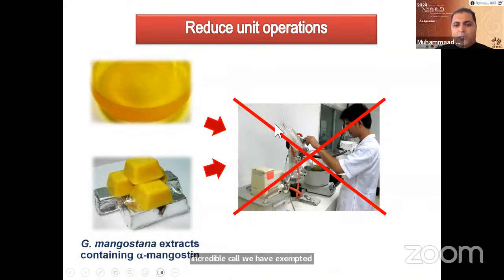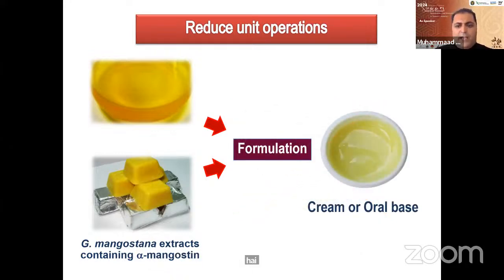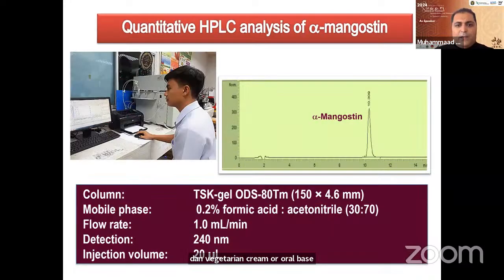This is actually the evaporation stage, which we normally do when we extract the plant material in organic solvents. So this has been skipped. This is the principle of green extraction. And we got a direct cream or oral base formulation that has alpha mangosteen, and that has been prepared from the byproduct of the mangosteen, that is the peel of the mangosteen.